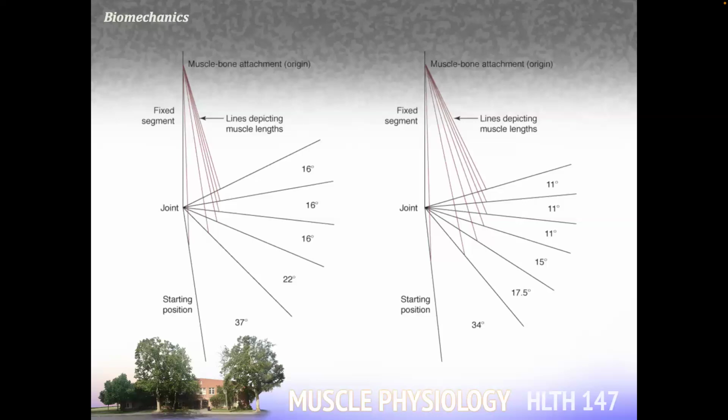The closer to the joint it gets, the weaker its force production is going to be, but the farther the forearm will travel at a given amount of muscle shortening. So as long as the muscle cells are capable of shortening at the same velocity, the forearm will move faster in the image to the left. So the closer the muscle attachment is to the fulcrum, the faster you're going to be, providing you can overcome the load. But the weaker your force production will be.